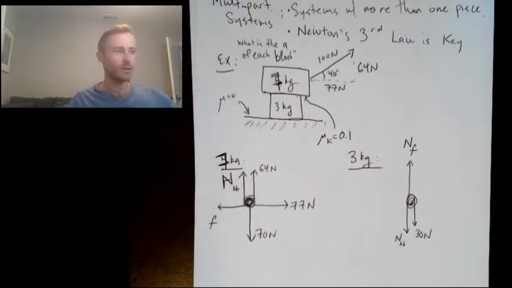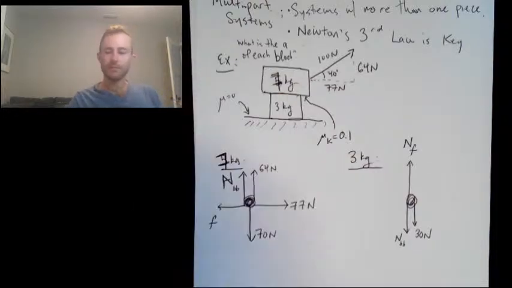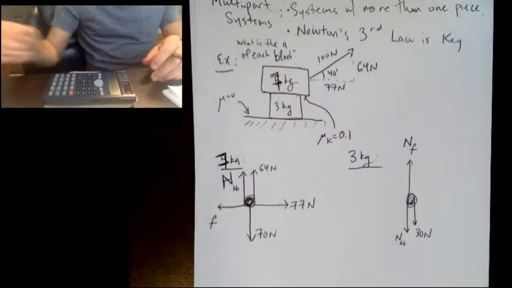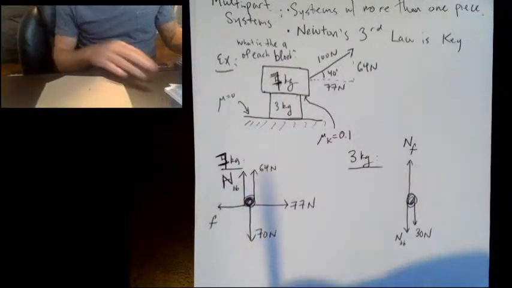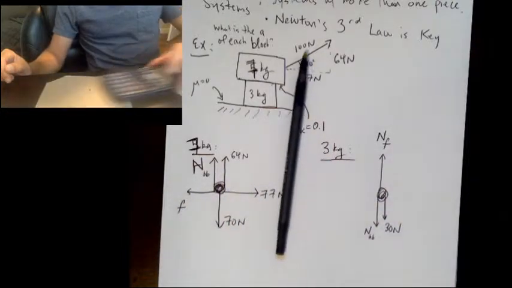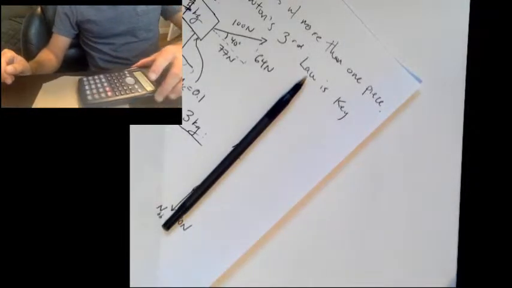Why is that? Well, here I have a piece of cardboard and I put my calculator on top of it. If I pull, wow, this is a really slippery calculator. Let's say I put my phone on top of it.